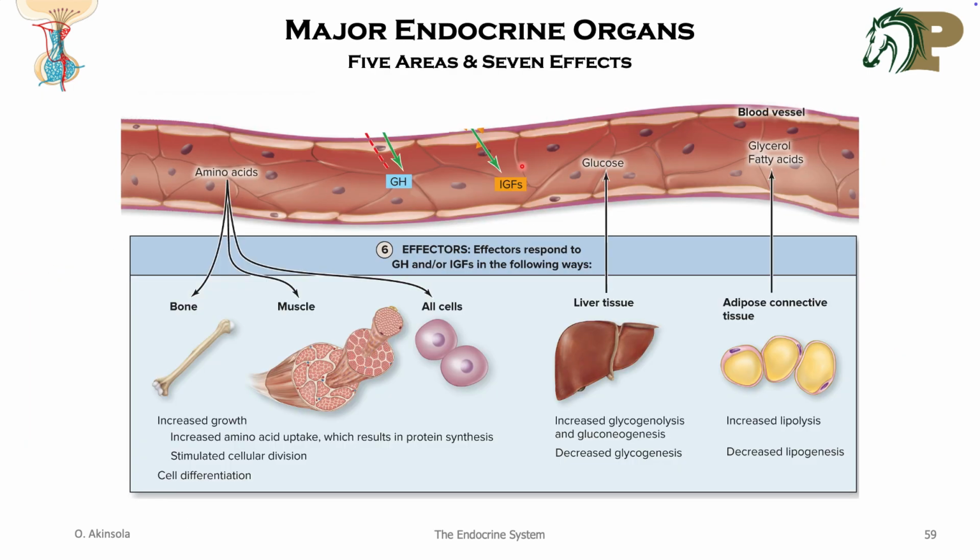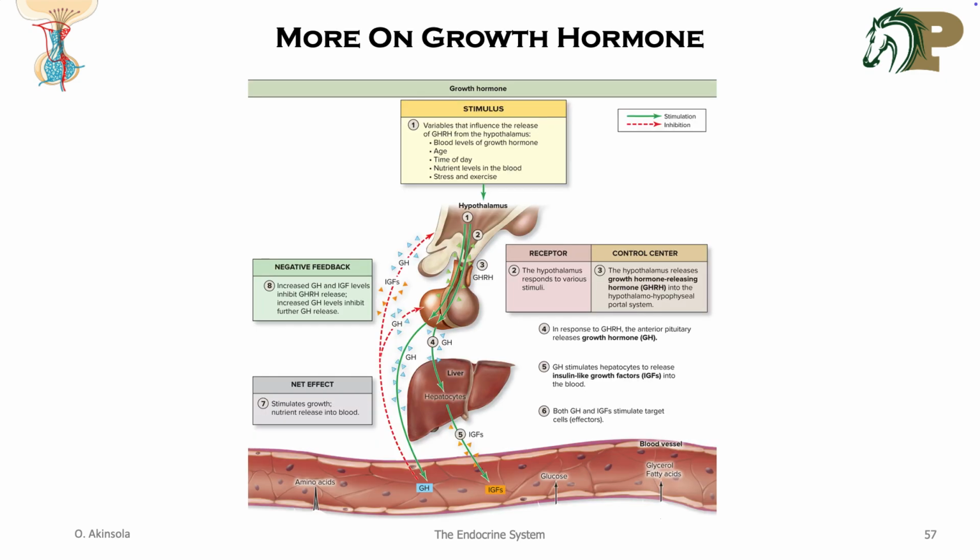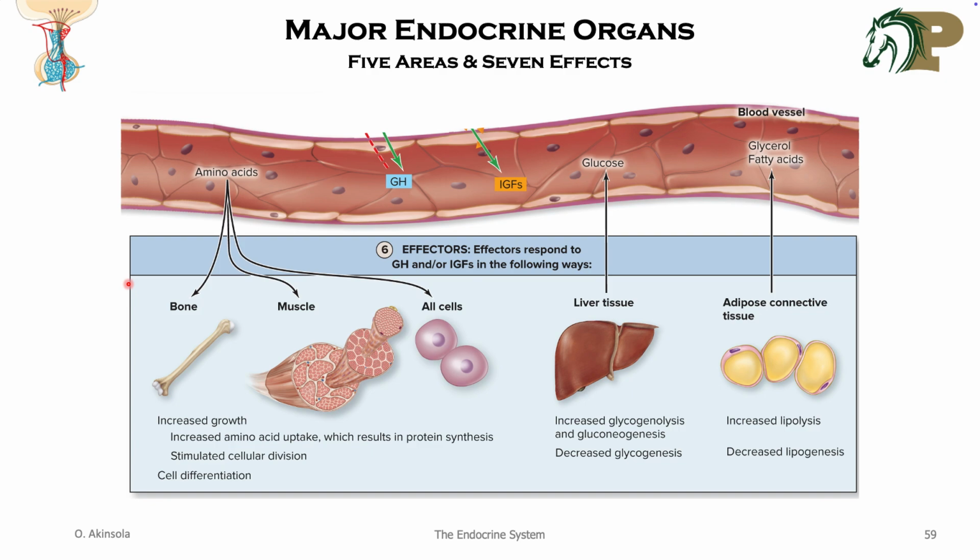So the top of this particular image is the bottom of the previous image. This is essentially the continuation of what we had on that previous slide. Number 6 are your effectors. This is where GH is going to act.